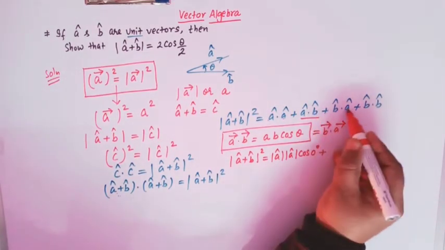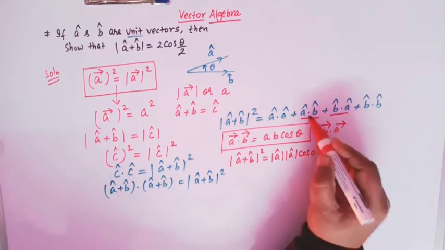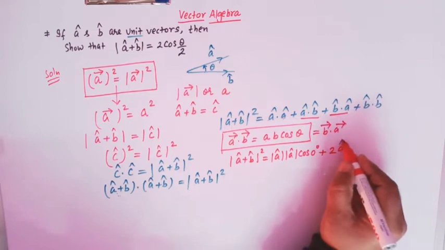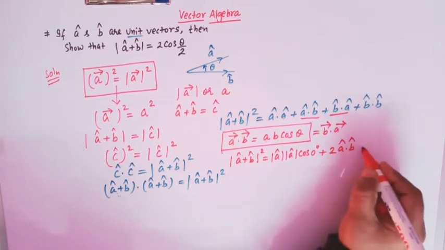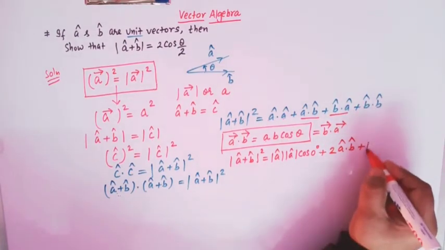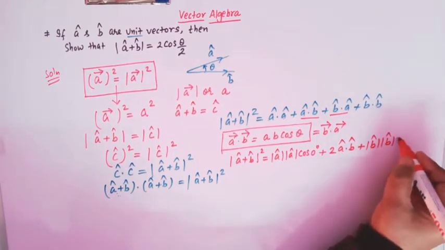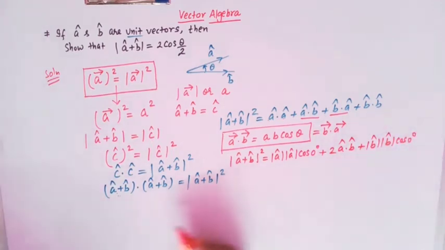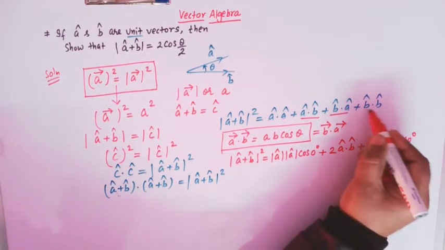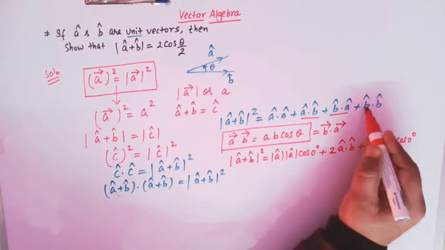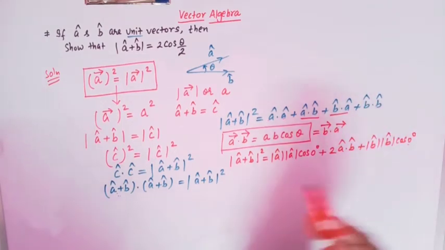When we add them, we get 2 times a cap dot b cap. And then we have magnitude of b, again magnitude of b, and cos of 0 degrees, because here also the two vectors are the same, so the angle between b cap and b cap is 0 degrees.